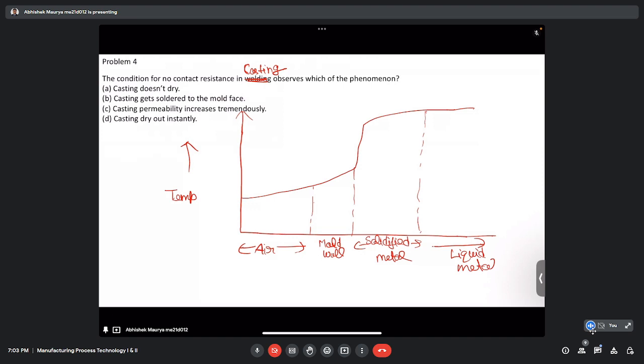So if we see this region, what is this? It is the interface of solidified metal and mold wall.